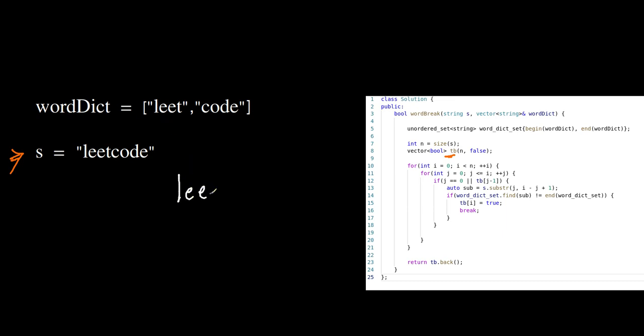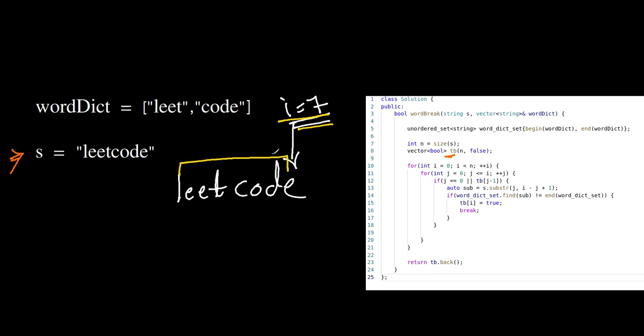Let's rewrite it again. Now let's say we want to solve for i equal 7. What we will do is check every substring ending at i equal 7. So we check for this substring, then for this, then for this, and so on.